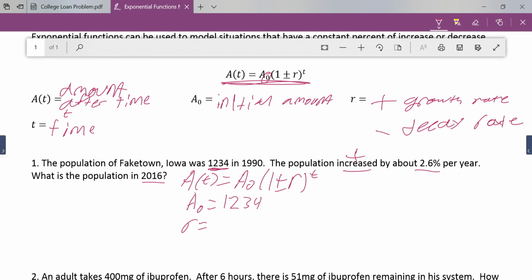So this is really 0.026. And then our time is going to be wherever we end, right? So 2016 minus what we started with. So we started at 1990 and we are ending at 2016. So if you subtract 1990 from 2016, we get 26 years.